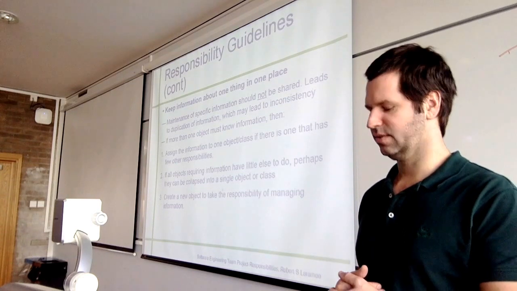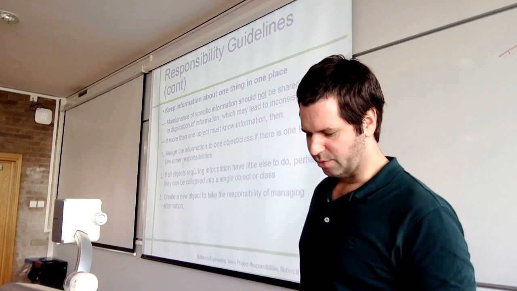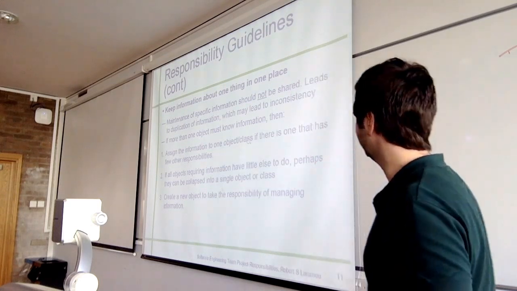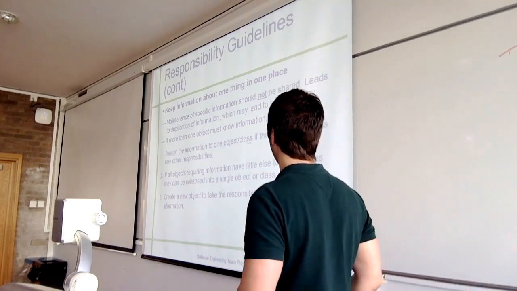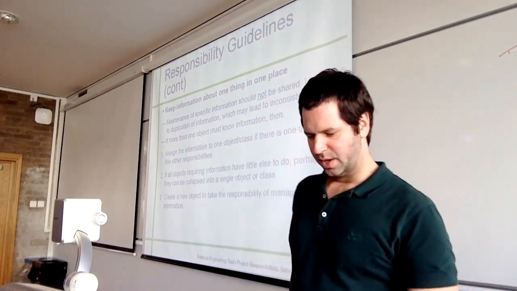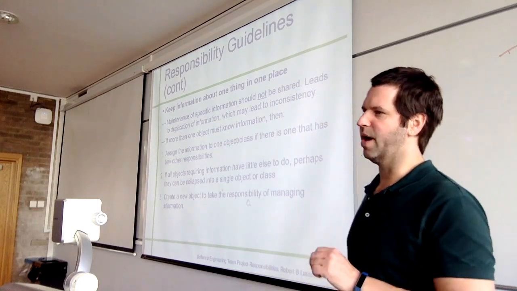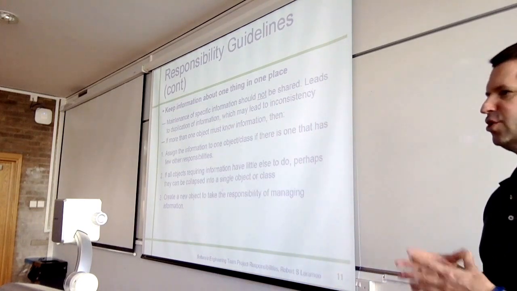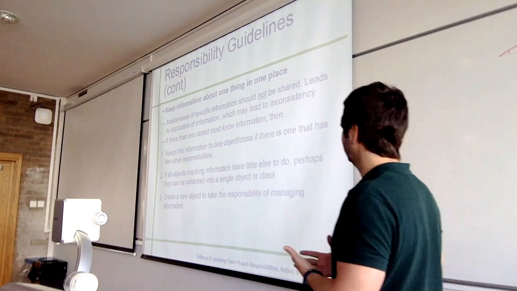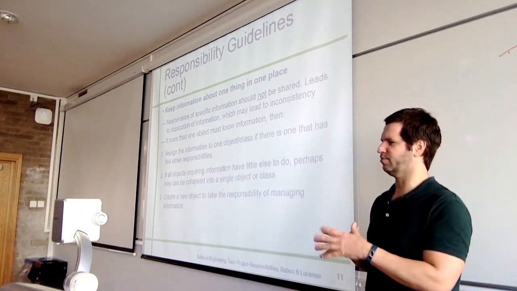And that's it. If all the objects requiring information have little else to do, they might be collapsed into a single object or class. And we create an object that takes on the responsibility of managing that information. If the information is very special, we just create an object whose job it is to maintain that special information.